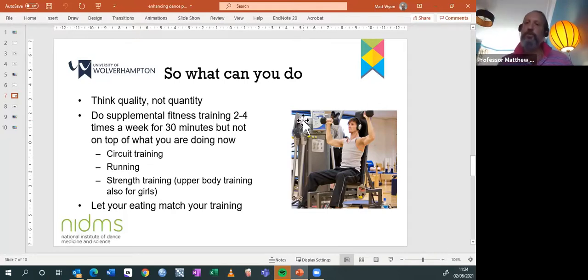Cycling focuses on your quads and your glutes, and you don't really want to develop those hugely in dance. Running is nice because it's more posterior chain than it is quads and glutes. So it's a better mix on your leg muscles than the other activities.